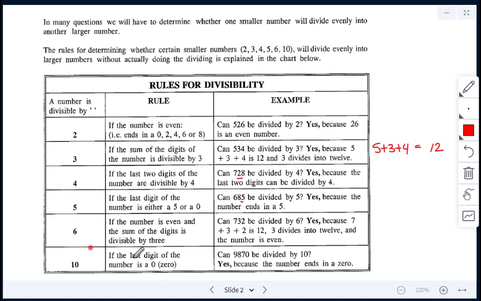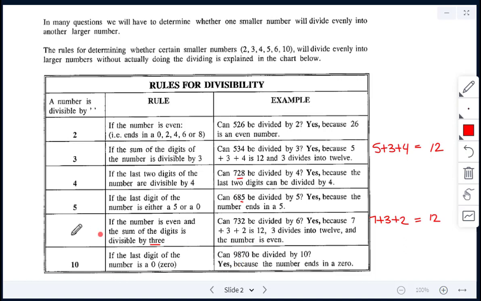Number 6, how do we know if it's divisible by 6? Two things. It has to be an even number, and then the sum of the digits. So 732 ends with a 2, so it is even. Next, we would add the digits. So 7 plus 3 plus 2 is 12. Is 12 divisible by 3?